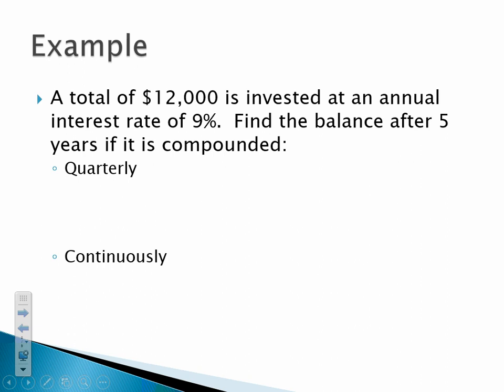So let's start out with the first formula, since we're compounding quarterly here. If we set up that formula, our amount is going to be equal to, first thing we need is our principal. What's our principal in this problem? 12,000. Then we're going to set up a parenthesis.